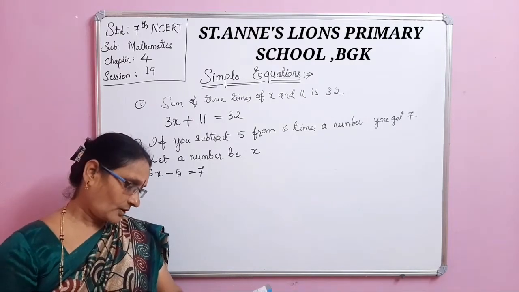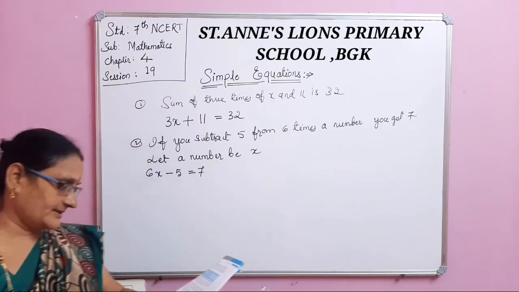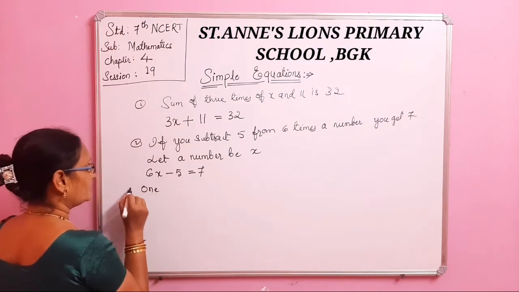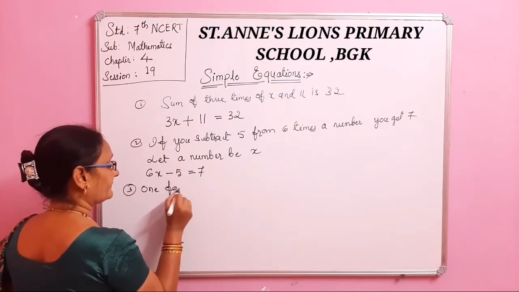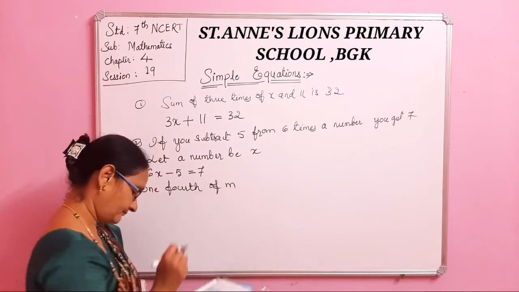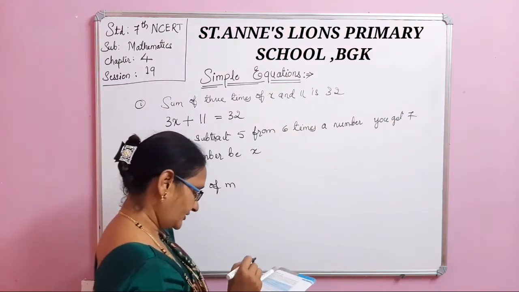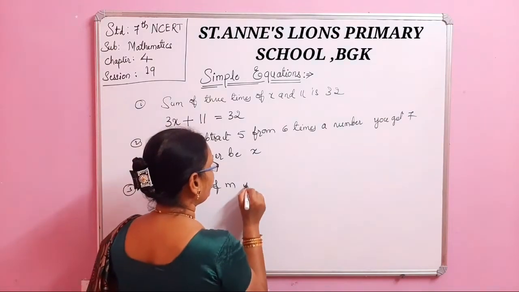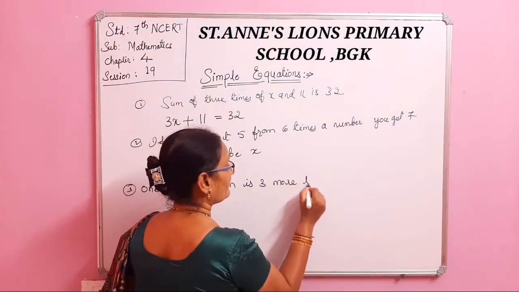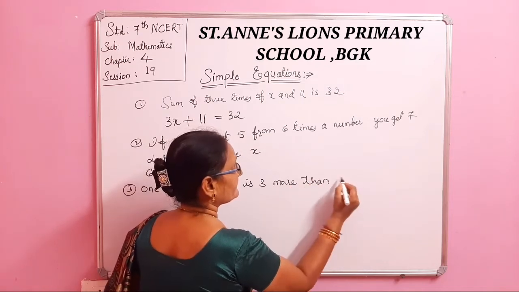One more. 1/4 of m is 3 more than 7. See, third one. 1/4 of m is 3 more than 7.